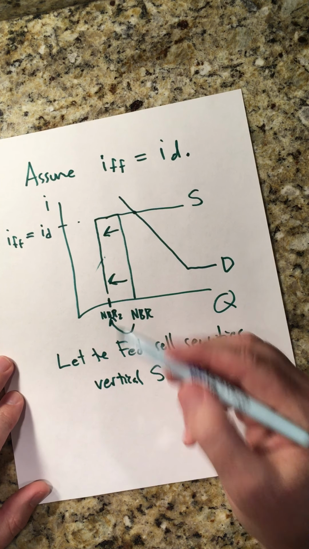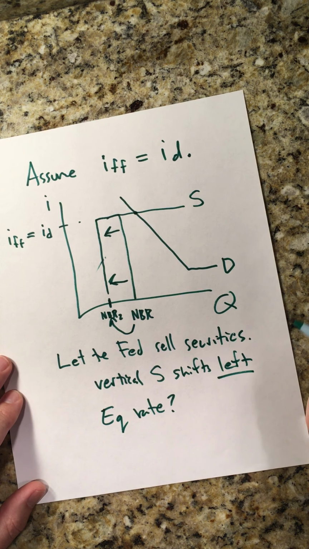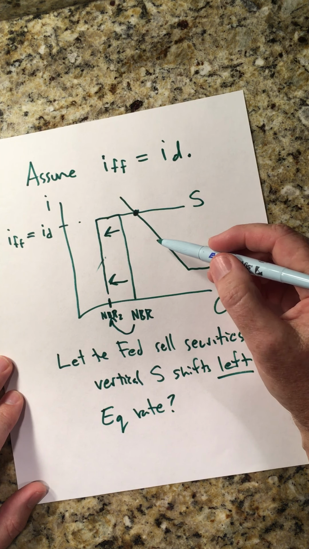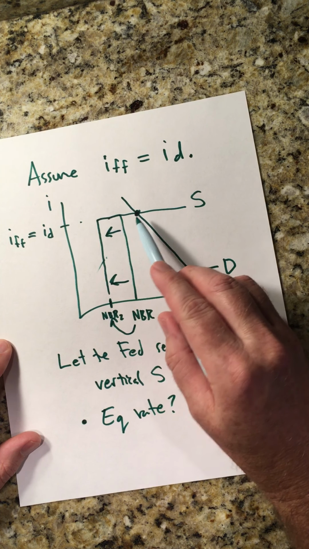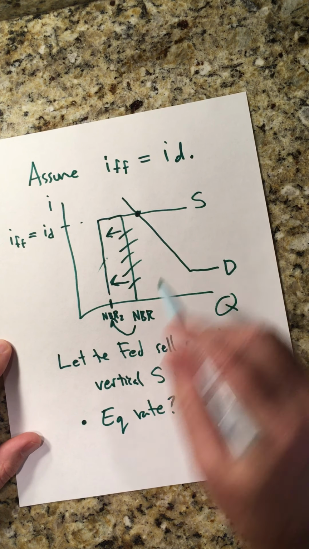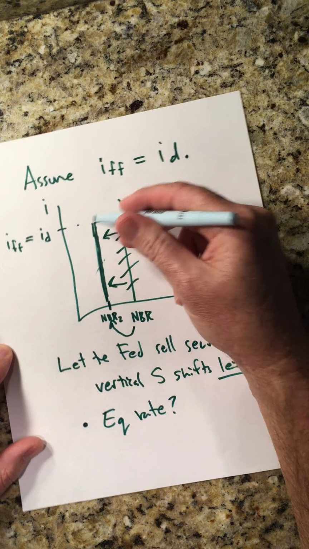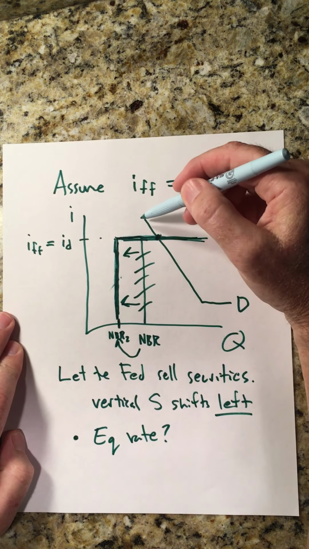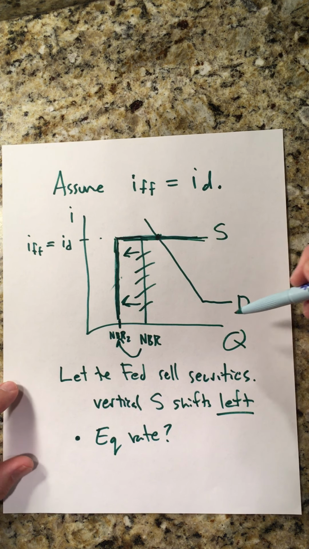After it shifts left, we might ask, what happens to my equilibrium rate in this case? Equilibrium rate is always where the demand curve intersects the supply curve. What you can see here, this is a little tricky, is if this was my initial equilibrium rate, this part of the supply curve disappears and shifts over to the left, so this is my new supply curve, right? If I highlight that, make that bold, this is my demand curve. Where do they intersect now?